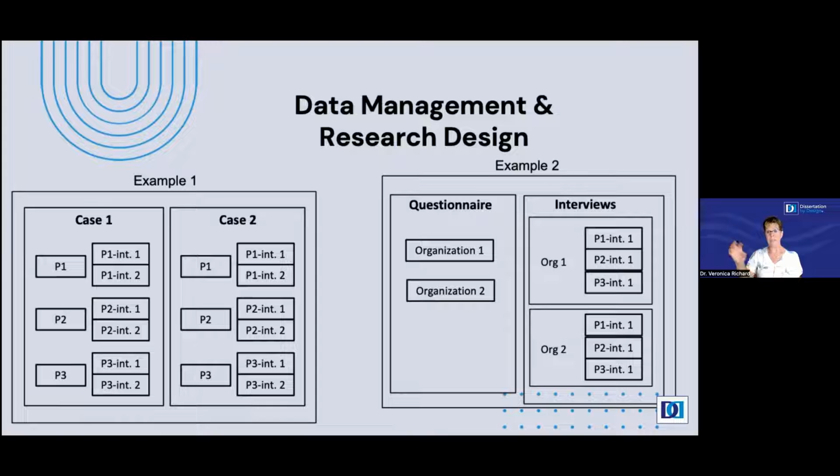And perhaps I want to organize it by that because I'm going to look at the questionnaire first, and then I'm going to revise my interview data based off of that, and then go into my interviews. So just keep that in mind that there are different ways of managing our data. It's just that we want to be intentional about this.